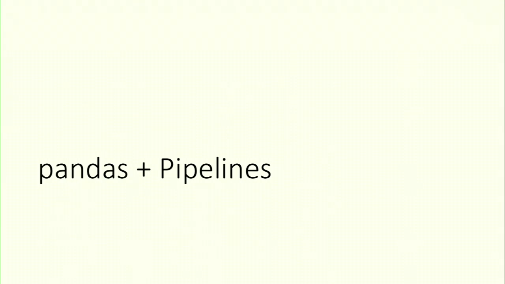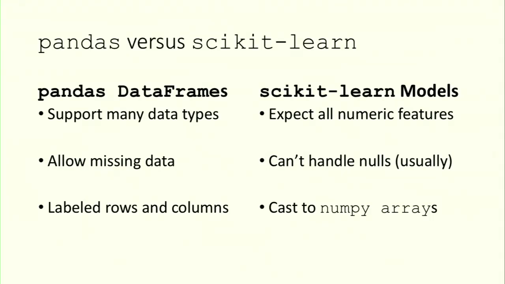All right, so I've hinted at the complication of using pandas and pipelines together, but I'll dig a little bit more into it. So pandas data frames support many data types, whereas scikit-learn models usually expect all the features be numeric. Pandas data frames allow for missing data, but most scikit-learn models can't handle nulls.